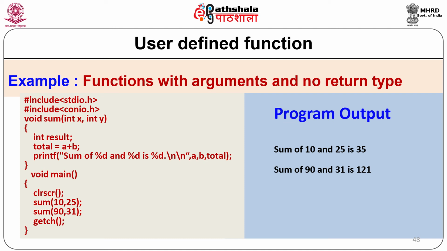Here the called function is sum. So, therefore, in the called function you can see sum(10, 25), sum(90, 31). So, this sum(10, 25), sum(90, 31) does not return any value to the calling function. If you run this program, your output will be on the screen. Sum of 10 and 25 is 35, sum of 90 and 31 is 121.